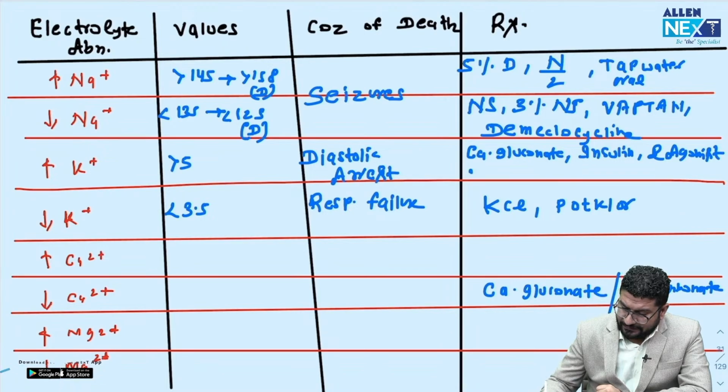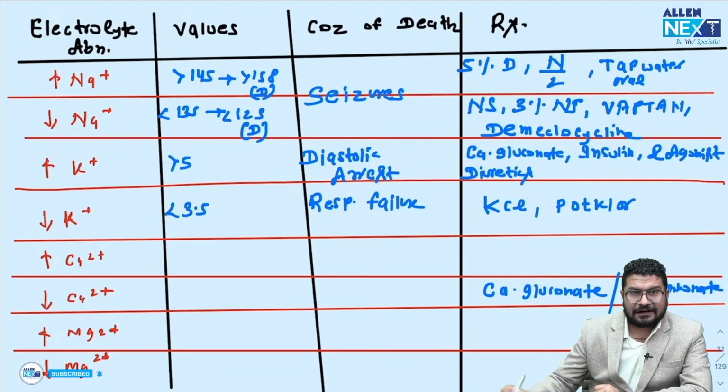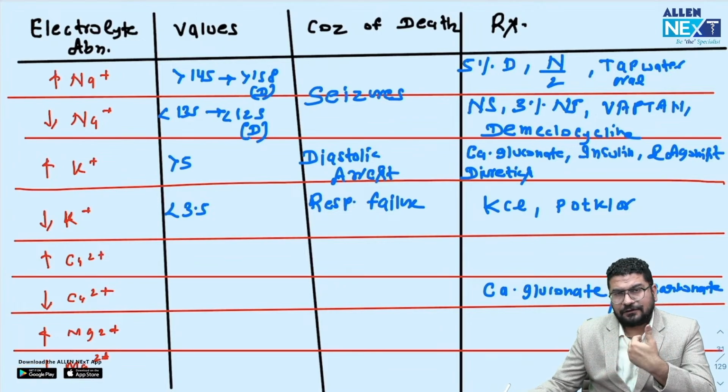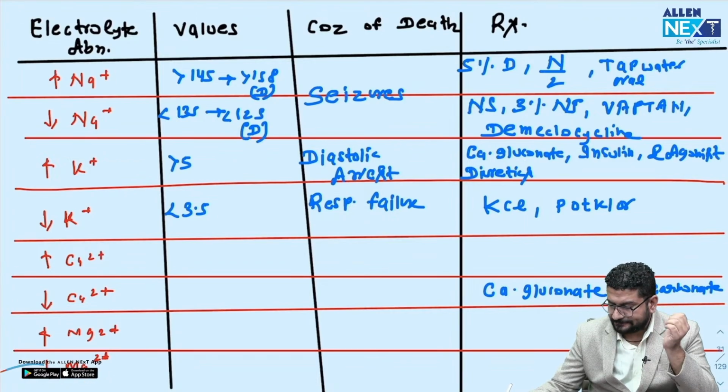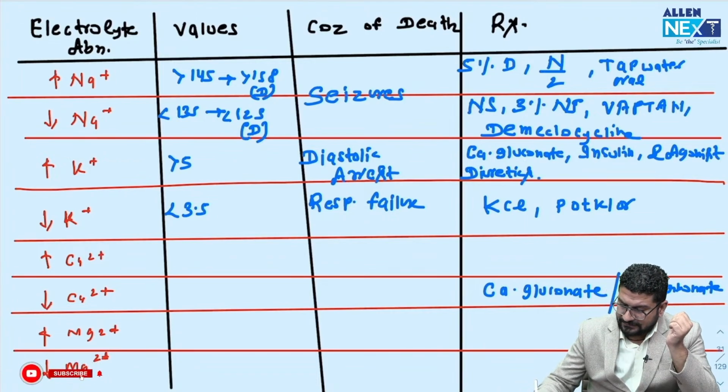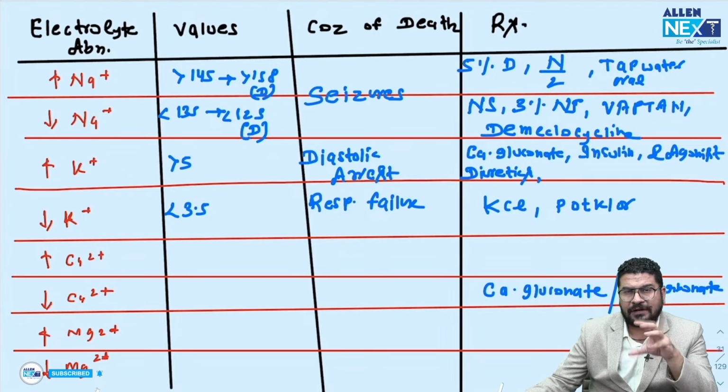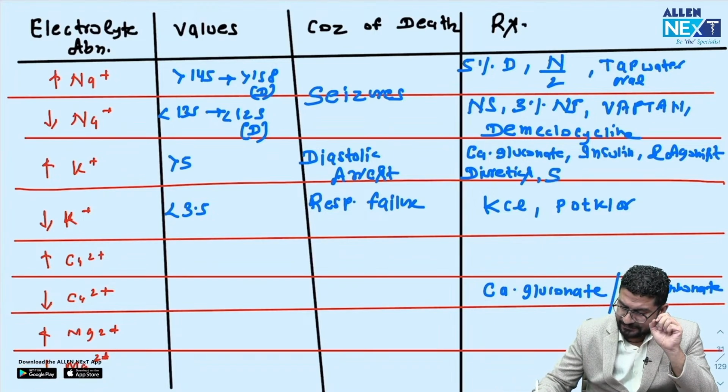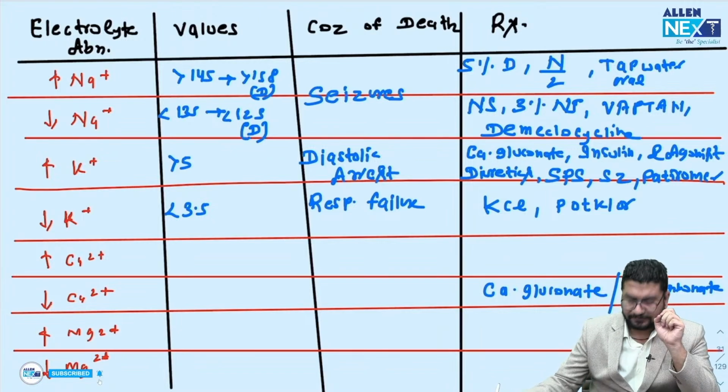We can even use diuretics, which will remove potassium. Remember, except spironolactone or other potassium-sparing diuretics, we can use all other diuretics, especially loop diuretics like Lasix or furosemide. Then sometimes we can use potassium binders, which include drugs like SPS, sodium polystyrene sulfonate, sodium zirconium cyclosilicate, and patiromer. So these are basically the binders that we can use.